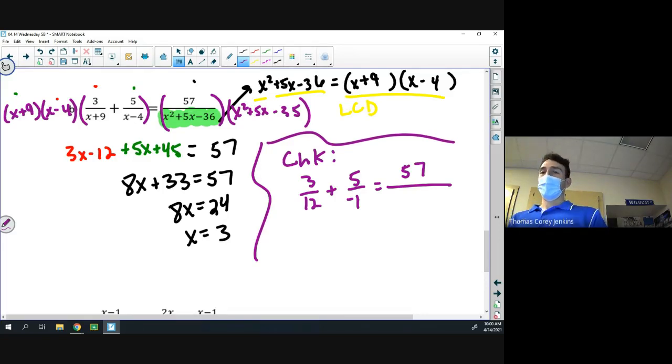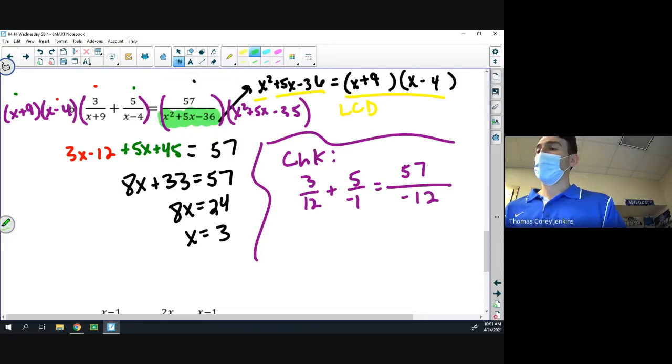So let's think, what would that be? 9 plus 15 is 24. Take away 36 would be negative 12. So hard to tell if that's true or not, right?